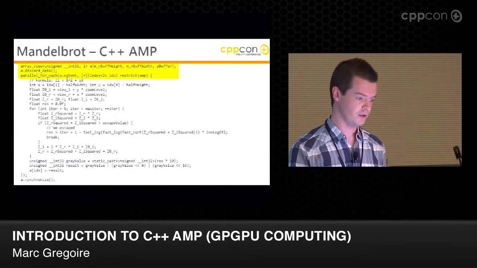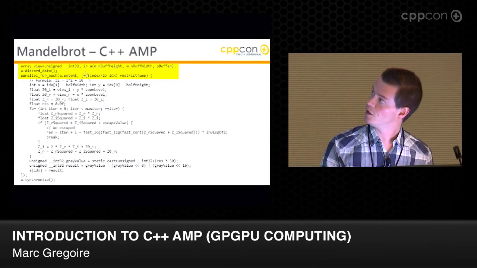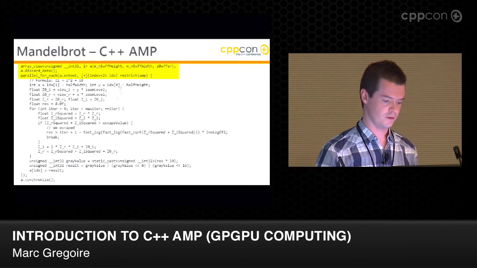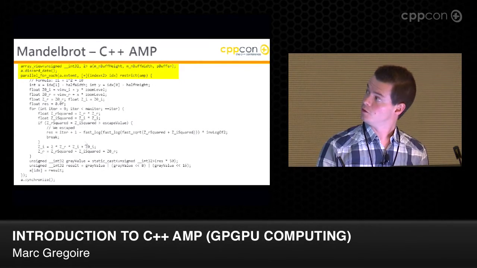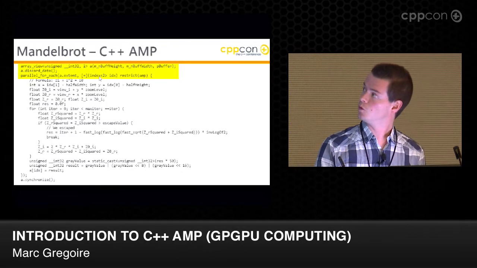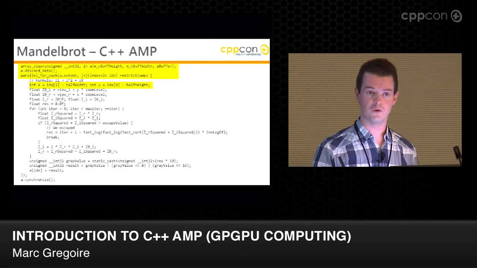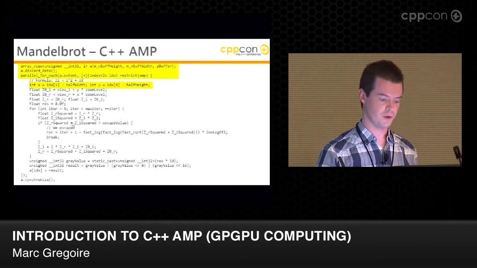We specify the size of our two-dimensional image, and then we have our lambda expression. This one is a two-dimensional image, so we have a two-dimensional index here. So the first thing we do is we convert our two-dimensional index to an x and a y, so that I can use it in the rest of my calculations.